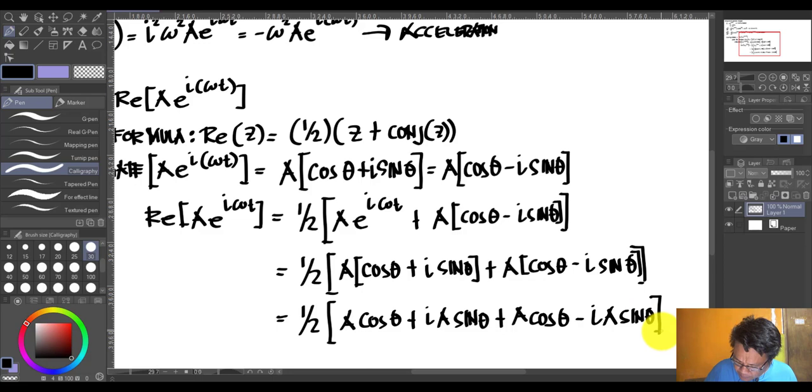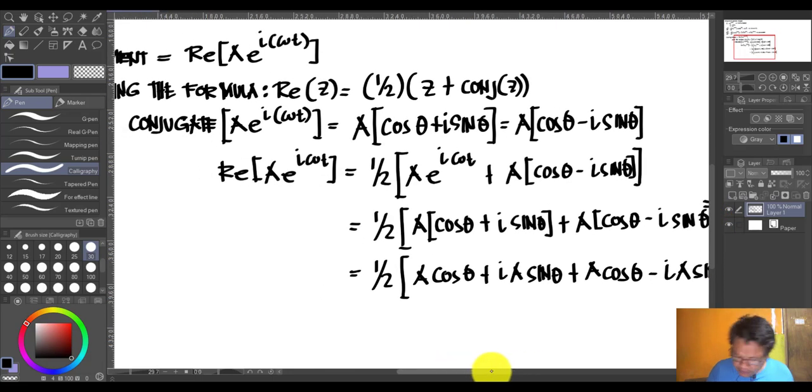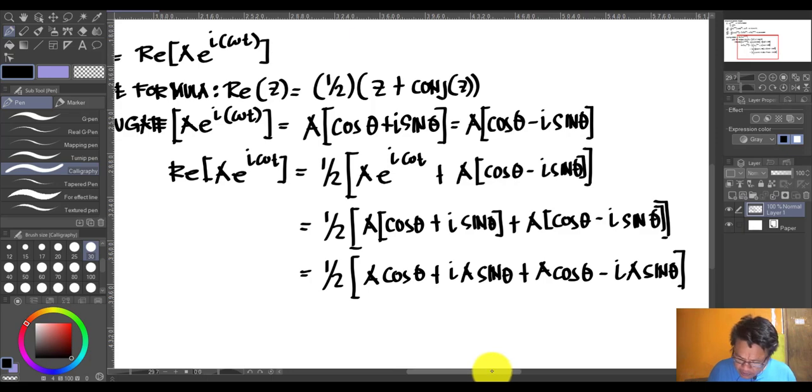We can combine both terms and cancel the i A sine terms, since they have positive and negative sign convention.